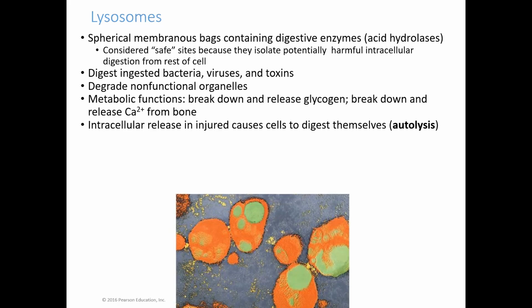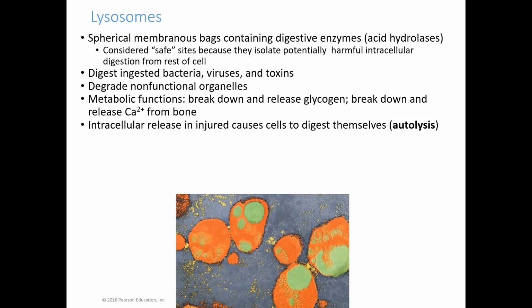Anything that doesn't work right, anything that's worn out, anything that's broken, we use lysosomes for. We use it to break down glycogen. We use it on our bones. When our bodies need more calcium, we will start dissolving bone using lysosomes. And it just dissolves away the organic matter, and the calcium gets released, and our blood calcium goes back up to where it belongs.